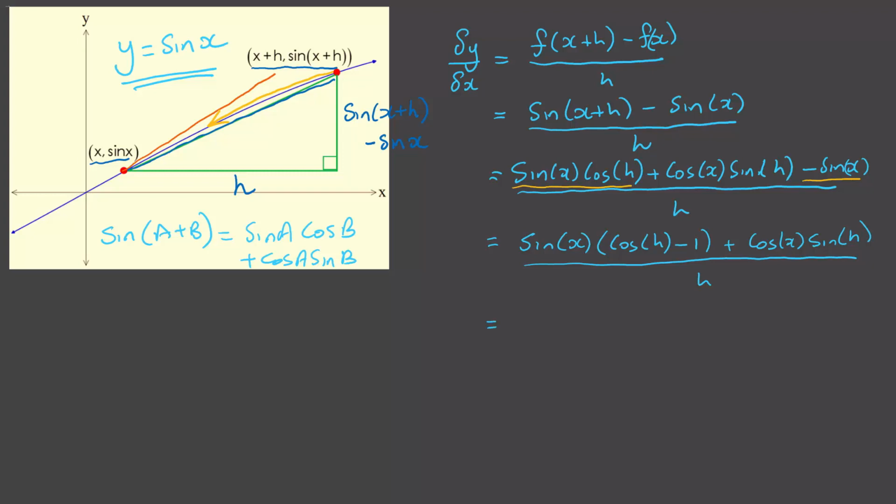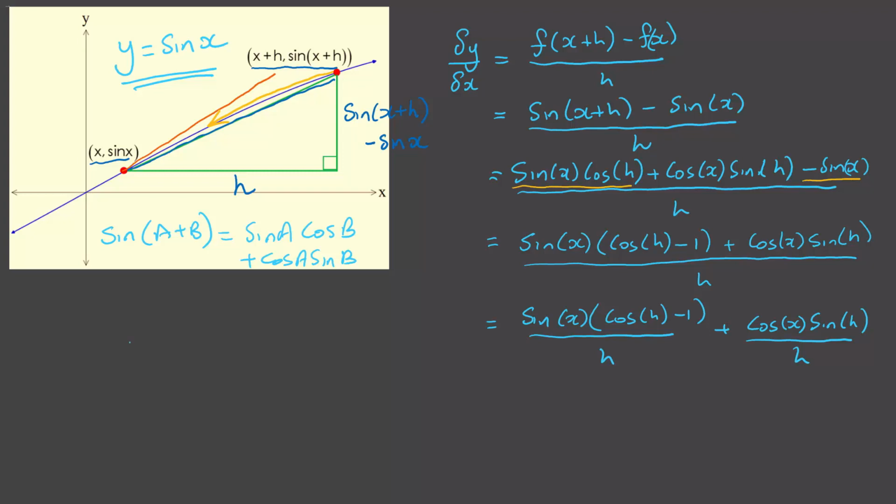What I'm then going to do is split the fraction. So I've got sine x into cos h take 1 over h plus cos x sine h divided by h.